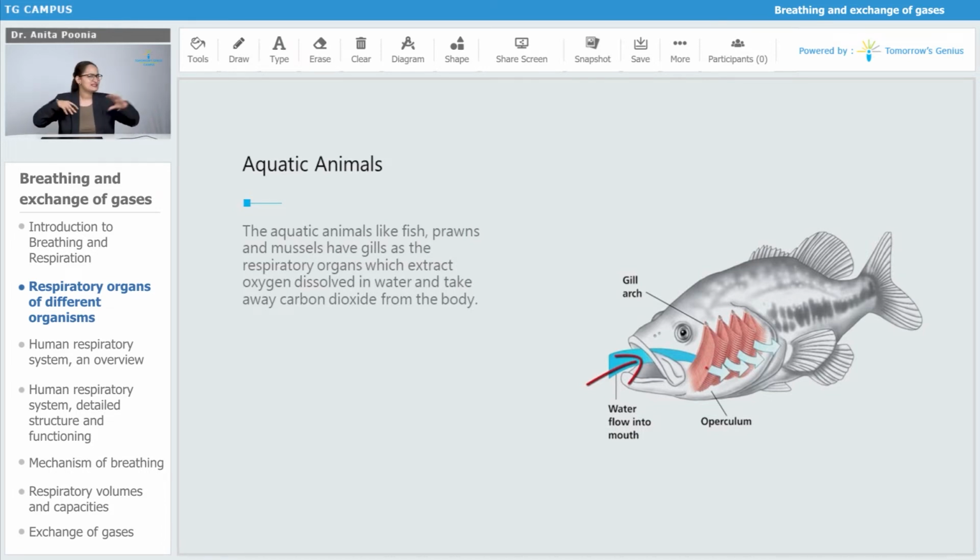So that is how it is, just as we do in the air, just that the oxygen for them is dissolved in water. So they extract the dissolved oxygen from the water, do their respiration, and release the carbon dioxide in the water. You could see the water flows into the mouth, and then this is the operculum. These are the gill arcs.